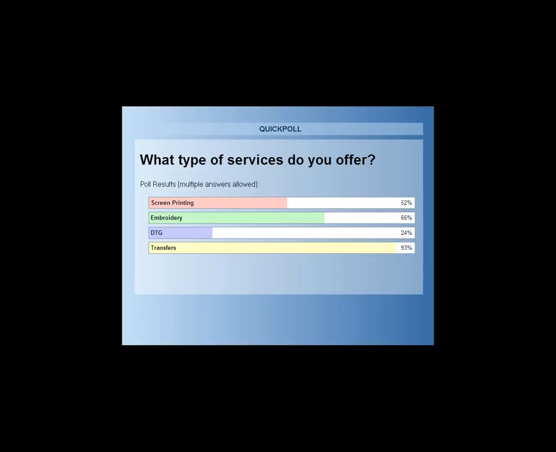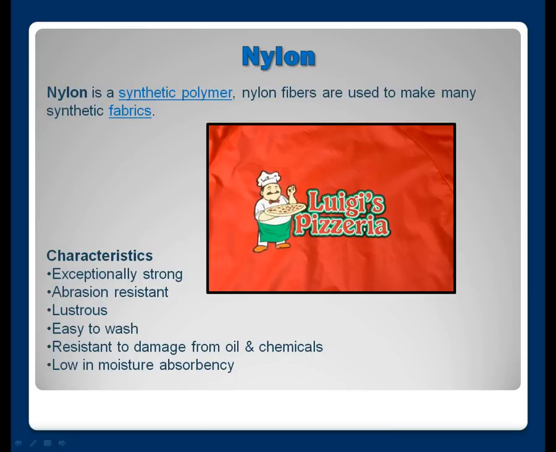And our results are 52% offer screen printing. We have 66 for embroidery, 24 for DTG, and 93 for transfers. Lots of transfer users. Very popular today in the industry. All right, thank you, Nicole.